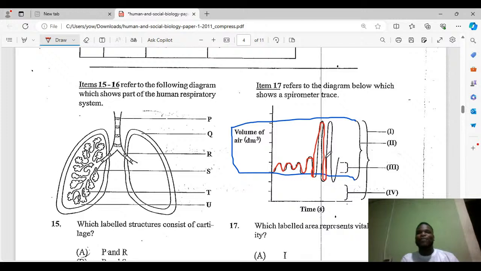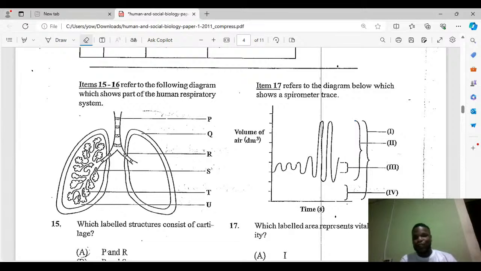So this is the amount of air your lungs can hold. Where you see the blue rays, I show the amount of air in dm cube is how much air your body can actually hold. So it will actually be B, which is I, because it's referring to how much air you can actually hold in your lungs.